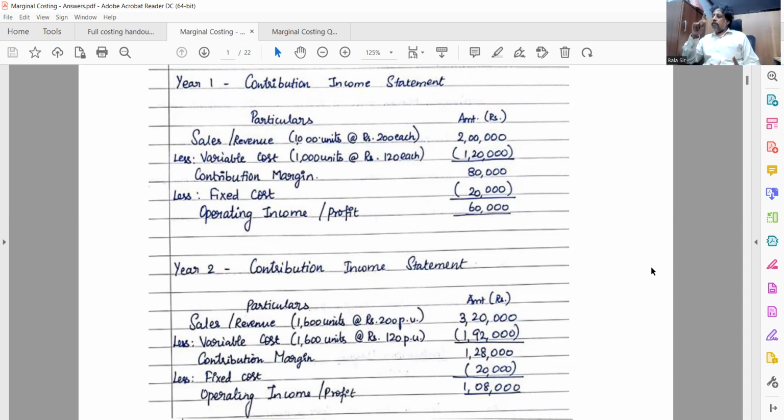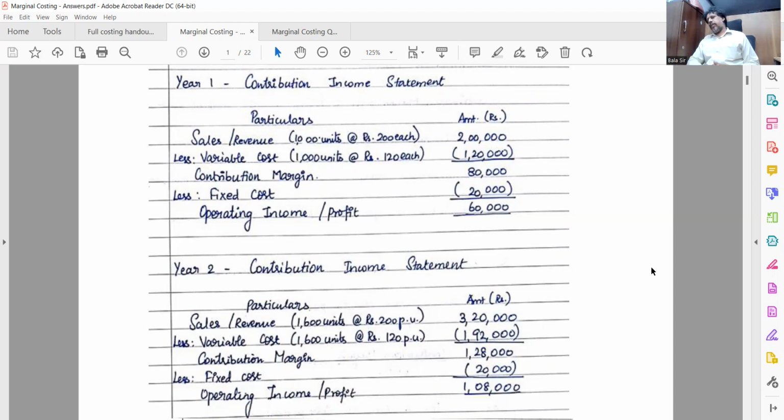You call that profit or operating income: 60,000 for year one when you sold 1,000 units. Remember, the contribution is nothing but 200 selling price minus 120 variable cost, into 1,000 units. So 2 lakh minus 1 lakh 20,000 is 80,000. Less your fixed cost 20,000, profit 60,000.